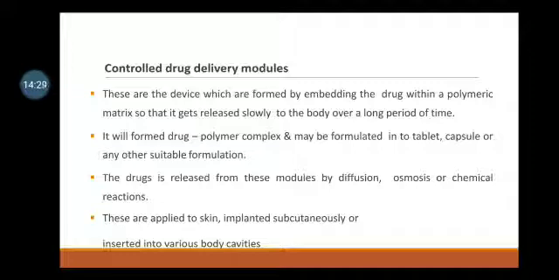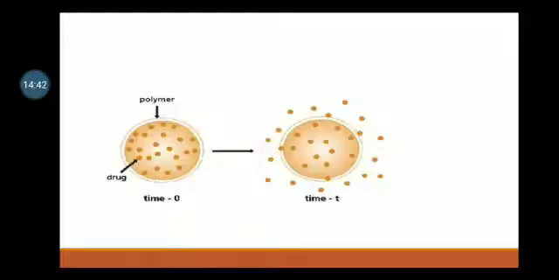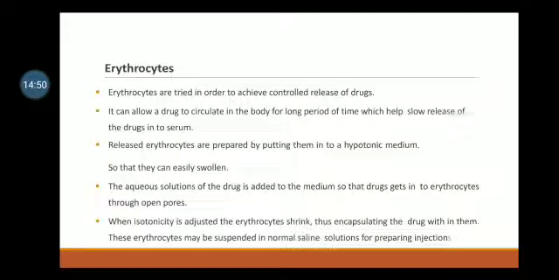The drug is released from these modules by diffusion, osmosis, or chemical reactions. These are applied to skin, implanted subcutaneously, or inserted into various body cavities. In the diagram, it is shown a drug and polymer and how it is released.